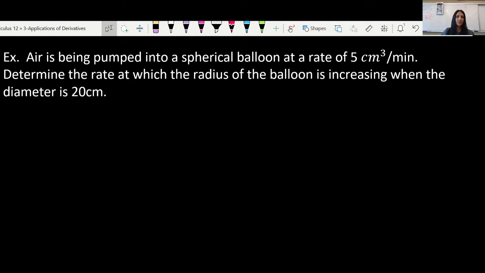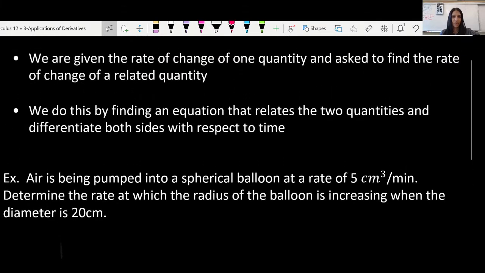In the first example, it says air is being pumped into a spherical balloon at a rate of 5 centimeters cubed per minute. Determine the rate at which the radius of the balloon is increasing when the diameter is 20 centimeters. Okay, so this helps us to see what these points we're talking about.